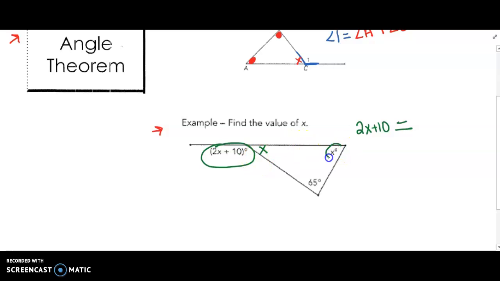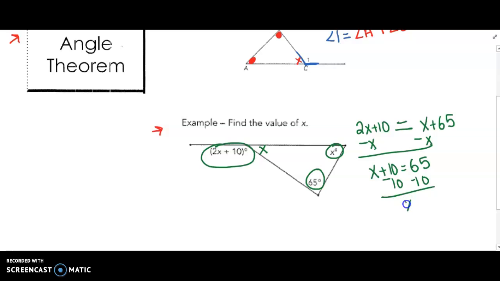So the other two angles would be x plus 65. Okay, now we've taken a geometry problem and turned it into an algebra problem. So let's subtract x on both sides. So I get x plus 10 is equal to 65. Minus 10 on both sides, I get x equals 55, and that is my answer.